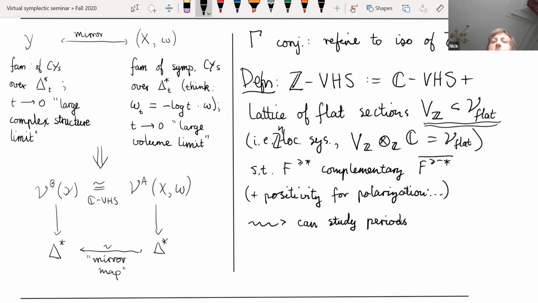Why is a Z variation of Hodge structures better than a complex variation of Hodge structures? It contains information about periods. Maybe I should actually have said my first example in order to explain that.